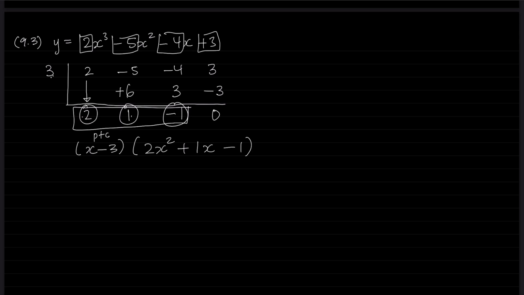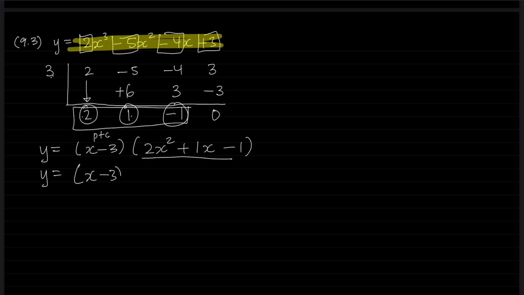And that is our original, now factorized. Okay? Now from here, we can factorize this trinomial. So x minus 3, then 2x minus 1, and then x plus 1.